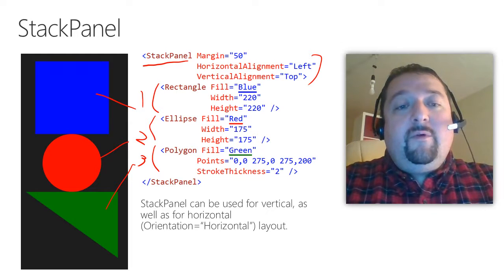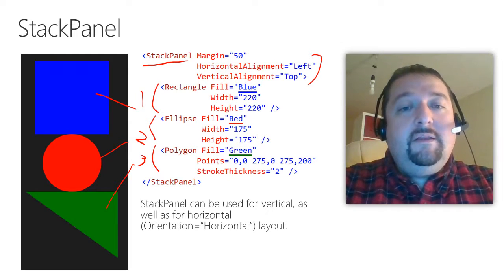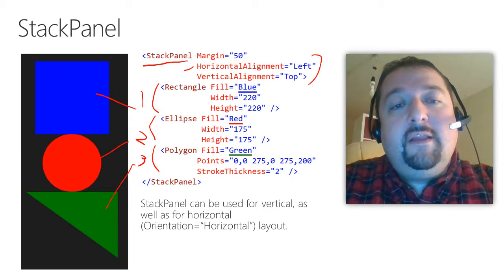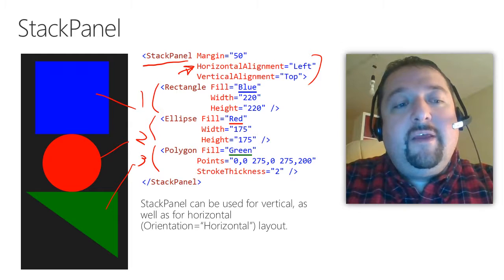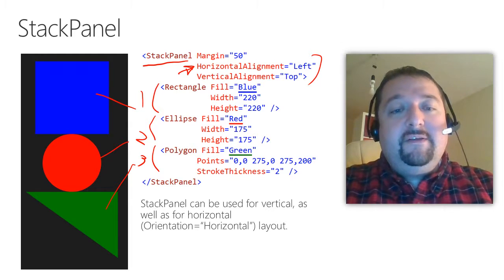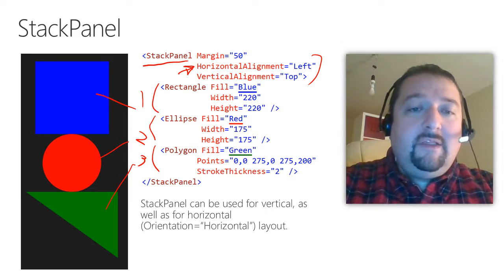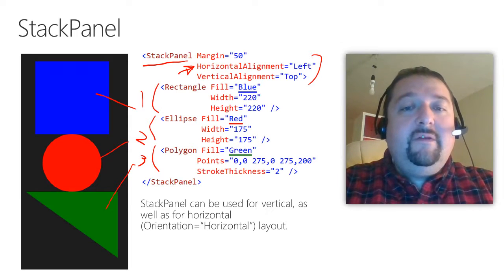An interesting question would be how they are aligned together. In this case, you see we say that the horizontal alignment of StackPanel is left, which means that the StackPanel itself is aligned to the left regarding the parent element.